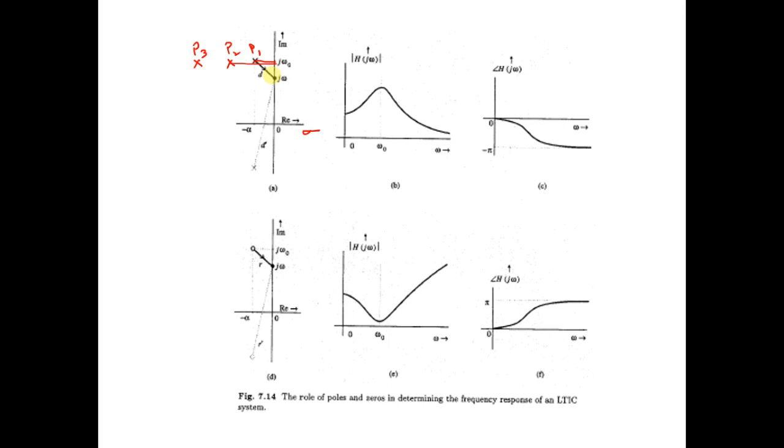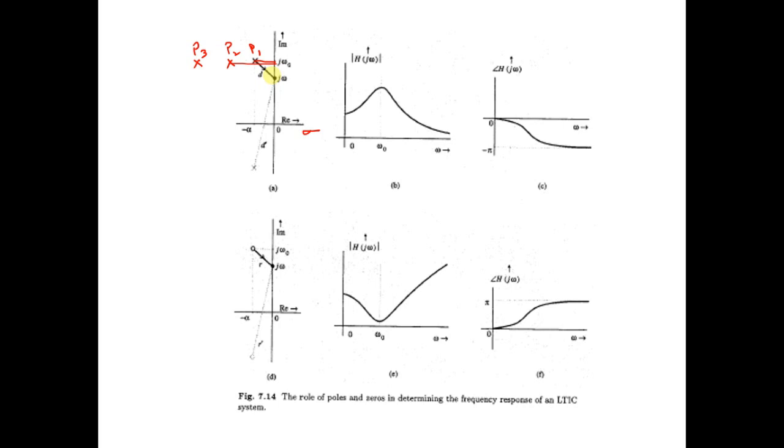So what happens? As we are moving away from the frequency axis, the effect of the pole is reducing. In other words, we can say, as we move the pole towards the frequency axis, the effect of the pole increases.